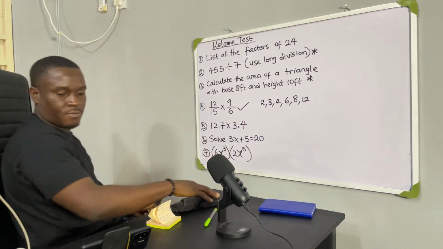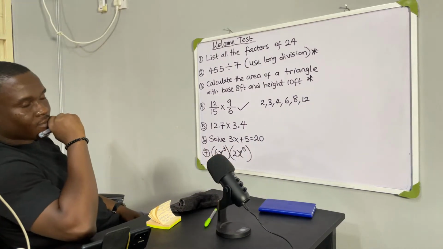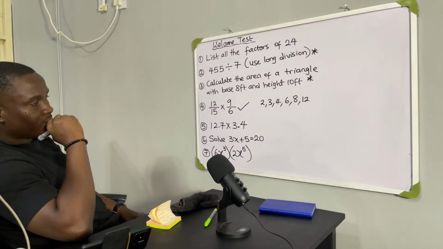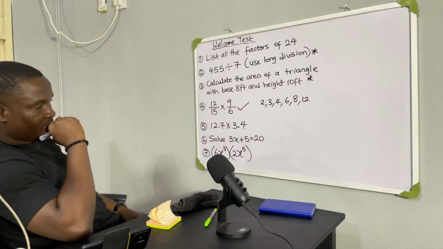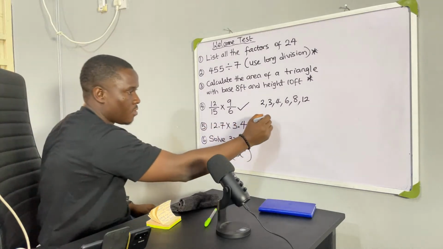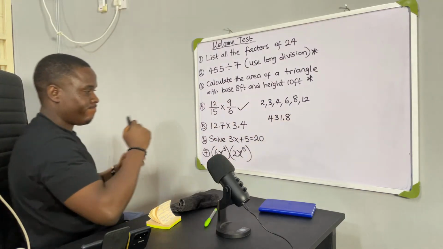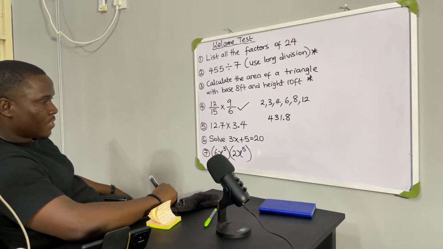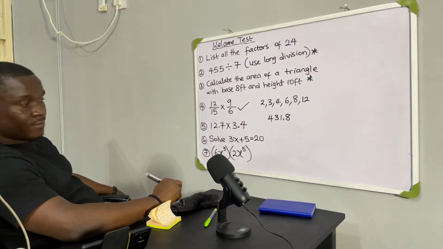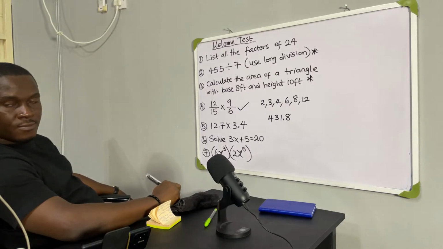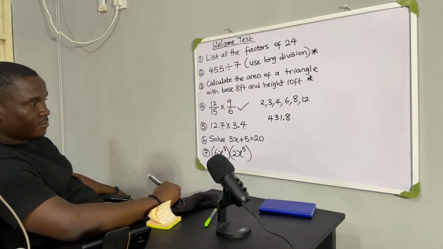So for the next one, I have 431.8. I don't know if I should have rounded up, but I just left it at 431.8.